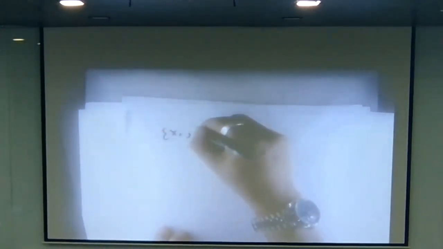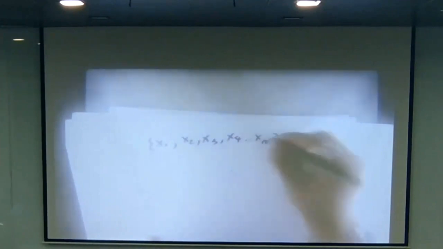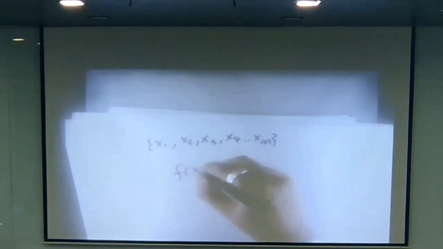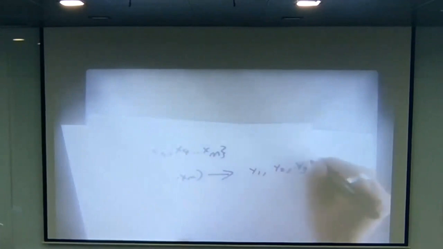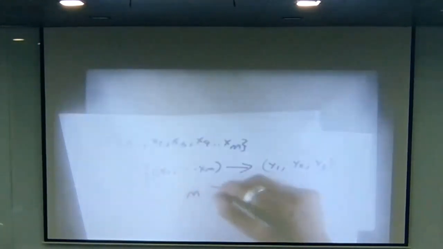Well, let me write this out. Say your data set is x1, x2, x3, x4, up to xm. This is m-dimensional, right? And what I want is a function that takes x1 to xm and gives you something like y1, y2, y3. The important thing to notice is that m is much bigger than 3.